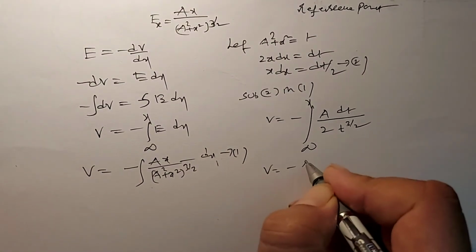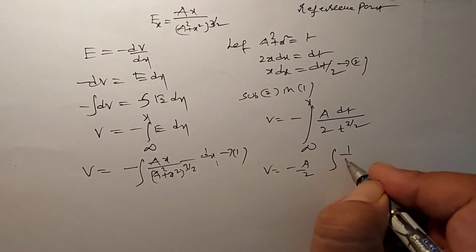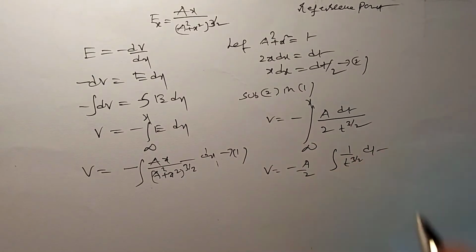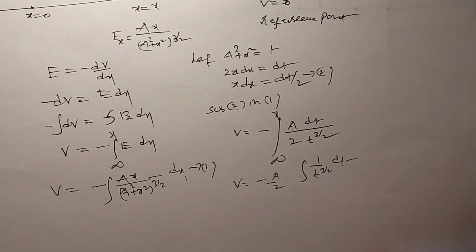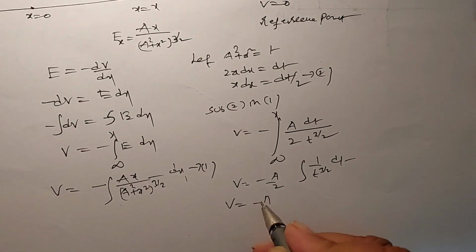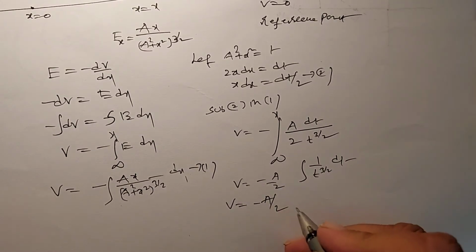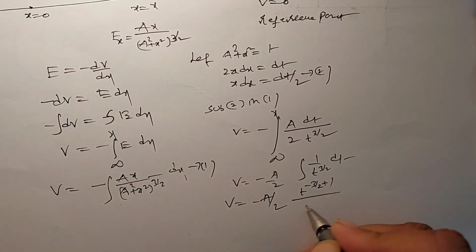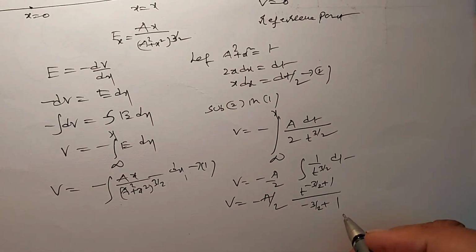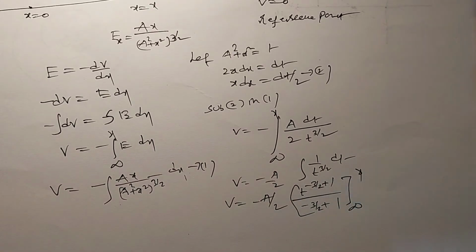Now V is equal to minus a by 2 integration of 1 by t power 3 by 2 into dt. V is equal to minus a by 2 integration of t to the power of minus 3 by 2, that is t to the power of minus 3 by 2 plus 1 divided by minus 3 by 2 plus 1, from infinity to x.